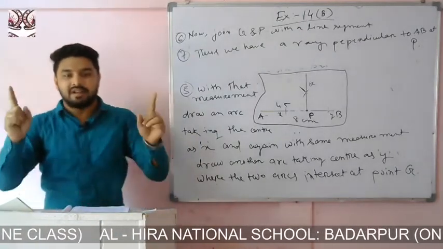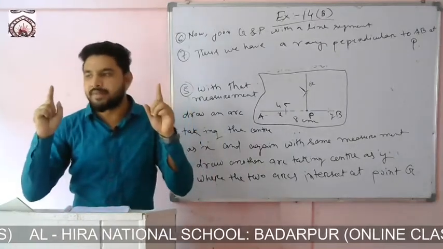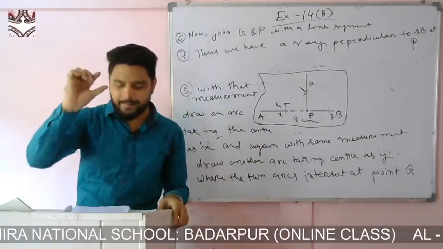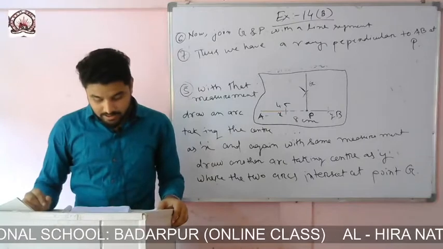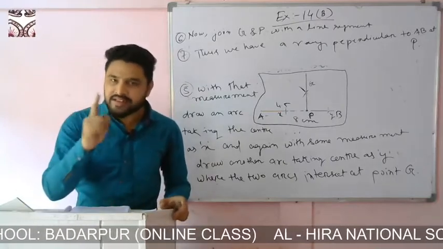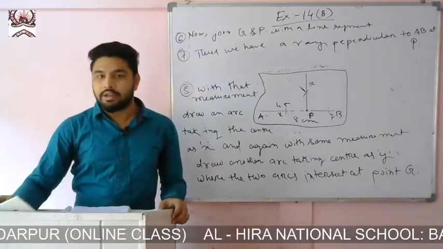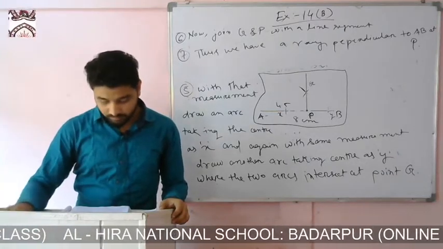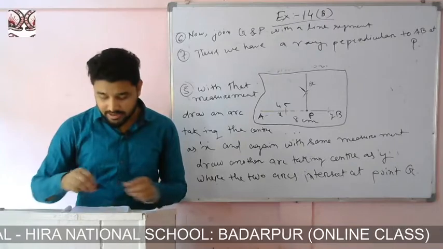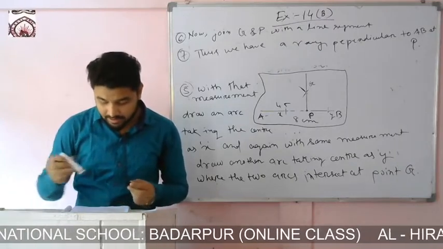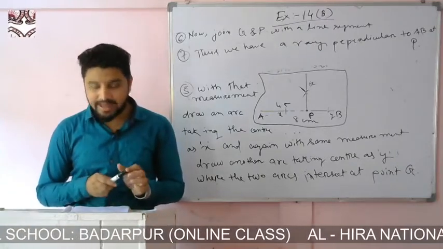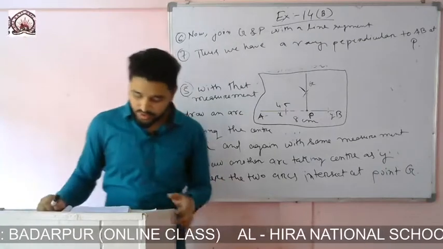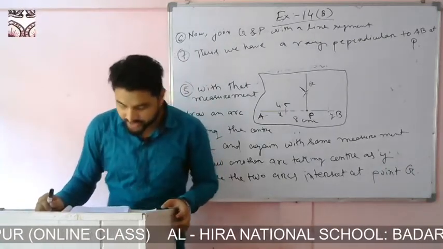That means on the line segment PQ, I have to take a point M. Okay, on it using set square. Again, using set square, I have to construct a perpendicular MN on it.